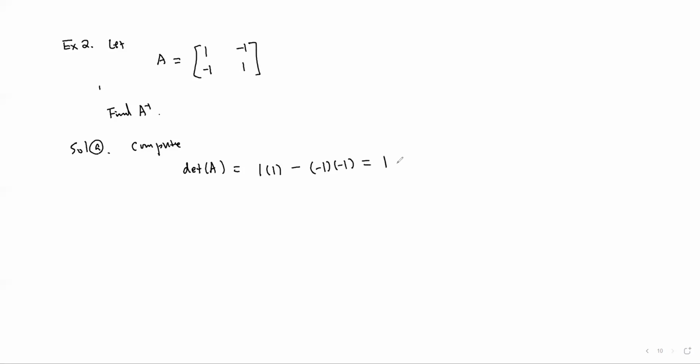It turns out that -1 times -1 is 1, so the determinant is 0. Oh, A has no inverse. We don't need to further find its inverse.